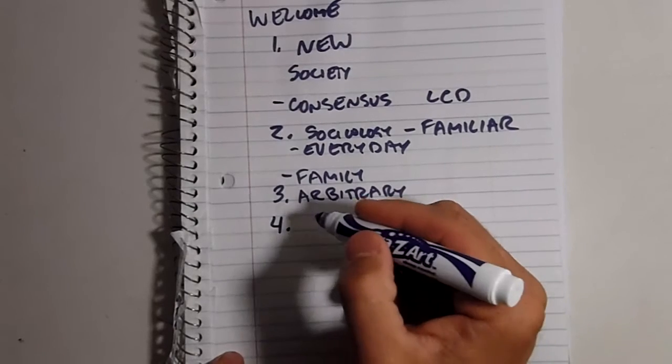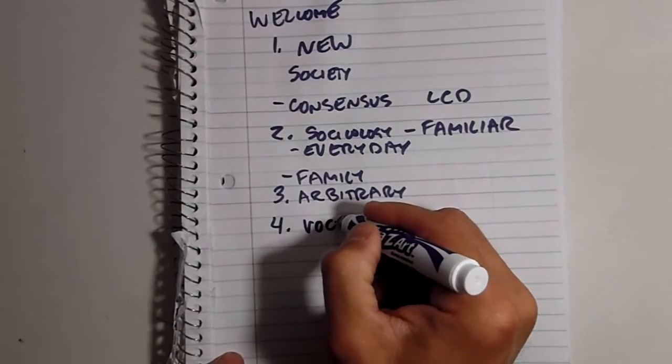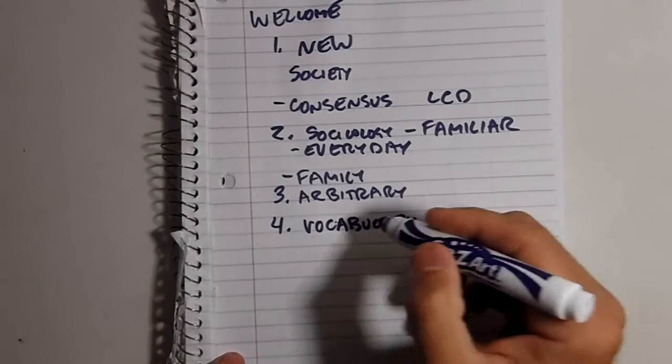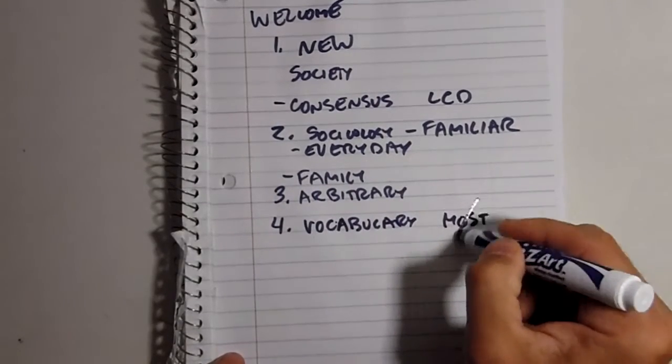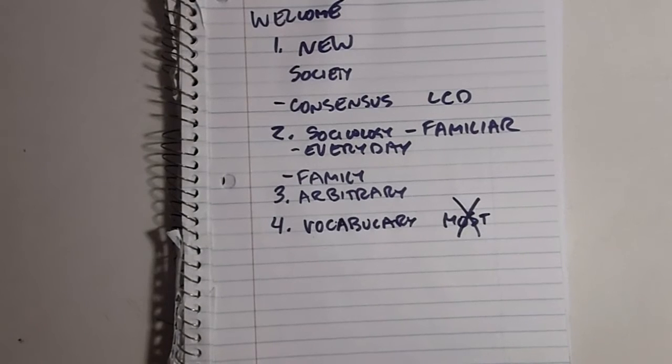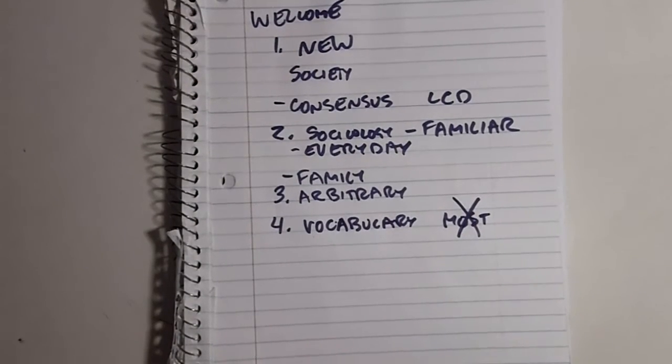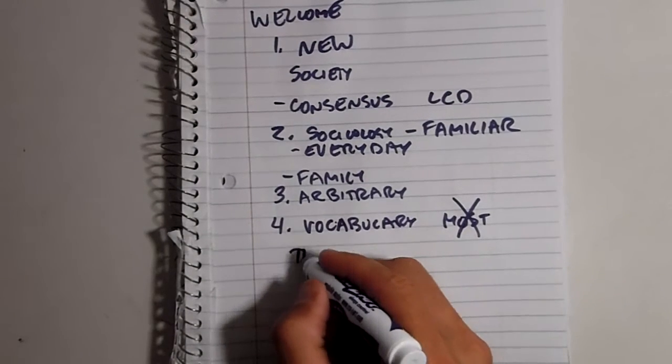The last point I want to make is that while vocabulary is important in every science, it's not the most important thing. It's only a first step. Terms, again, are arbitrary, and we invent them or assign them to things we see in real life.